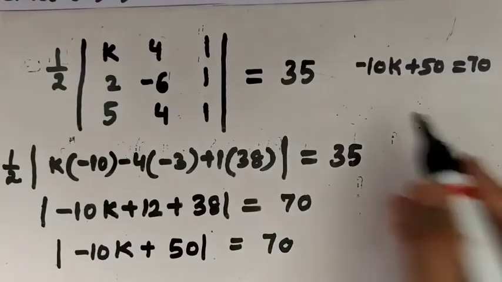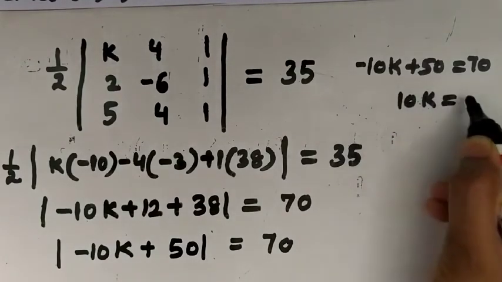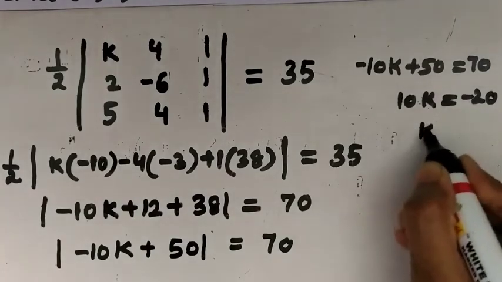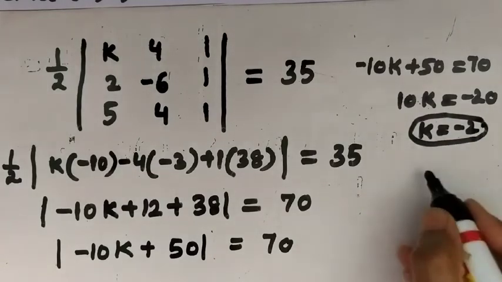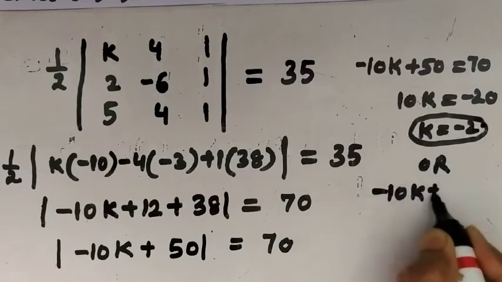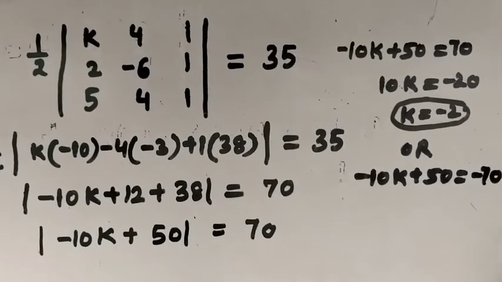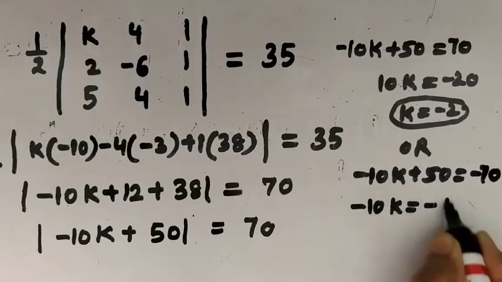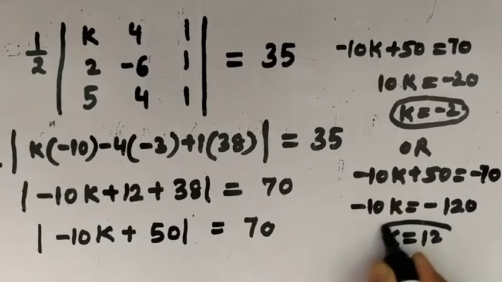Okay, so from here 10k will be minus 20, okay, and k is equal to minus 2. Or second option, minus 10k plus 50 is equal to minus 70. So after solving, minus 10k is equal to minus 120 and k is equal to 12.